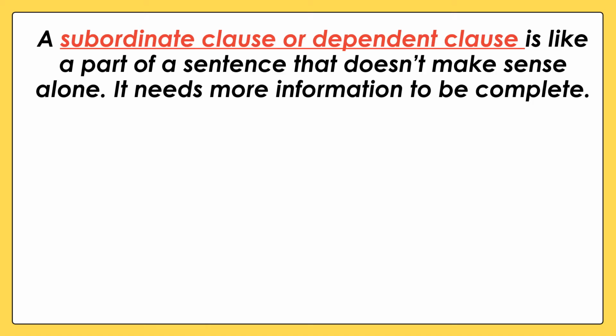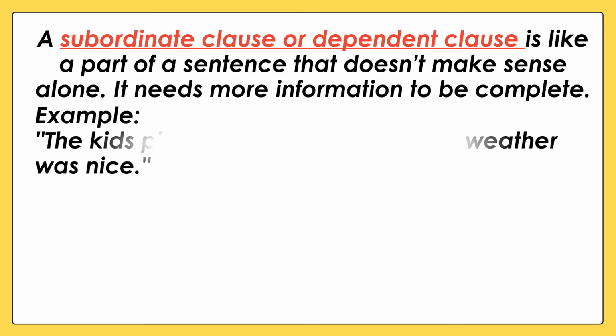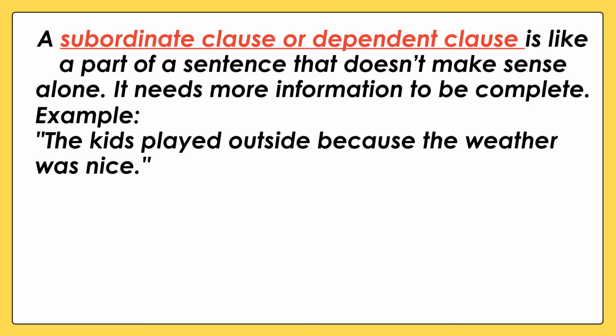Now, let us talk about subordinate clause or dependent clause. It is like a part of a sentence that doesn't make sense alone. It needs more information to be complete. Example, the kids played outside because the weather was nice.